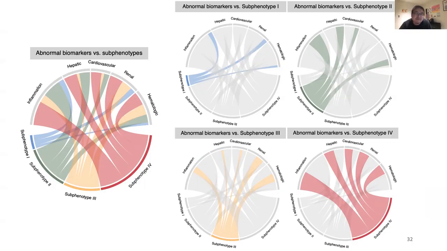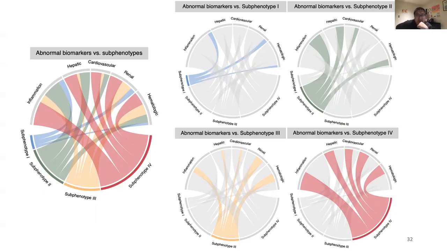We examine if there are any abnormal routine lab tests associated with the different subphenotypes. Here, we can clearly see subphenotype 1 is the subphenotype with the most mild conditions, because they have very few abnormal lab tests associated, and subphenotype 4 is the most severe one.